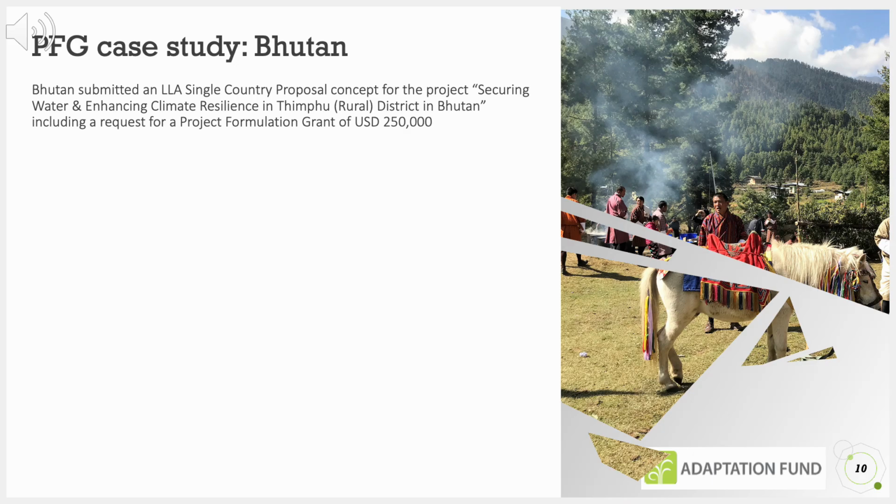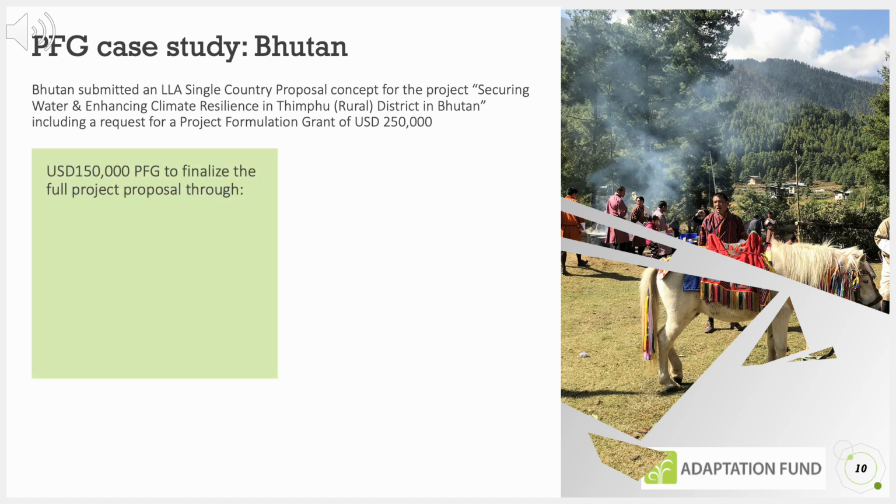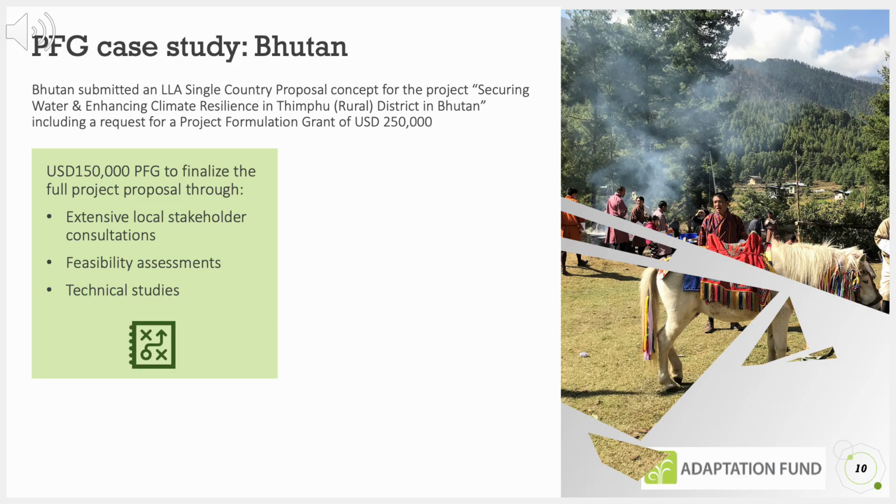A case study. Bhutan submitted a single-country LLA proposal concept for the project Securing Water and Enhancing Climate Resilience in Thimphu District in Bhutan, including a request for a PFG of $250,000. The $150,000 PFG will be used to finalize the full project proposal through extensive local stakeholder consultations, feasibility assessments, and technical studies, including a review of local indigenous knowledge on water management and translation of key documents into local languages.